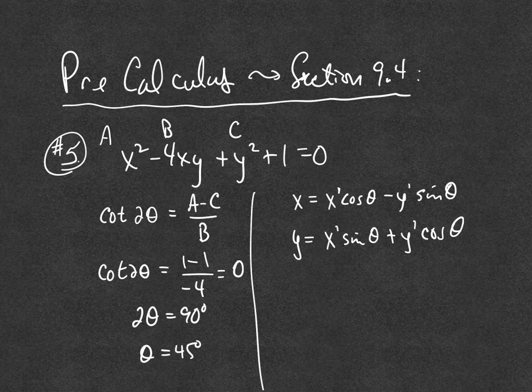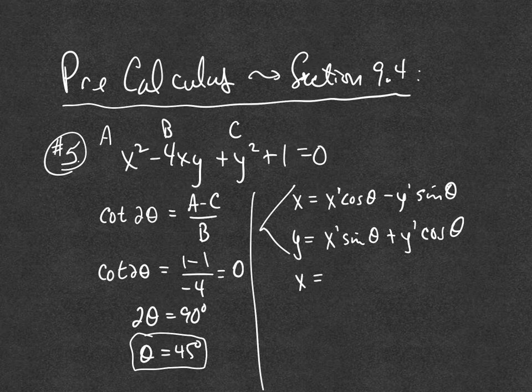So there's our angle of rotation, which we'll need right at the end when we graph our conic section. But we also use that to do the change of variables. Using the equations for x and y, everywhere we see an x, we replace it with x prime cosine of 45 degrees minus y prime sine of 45 degrees.